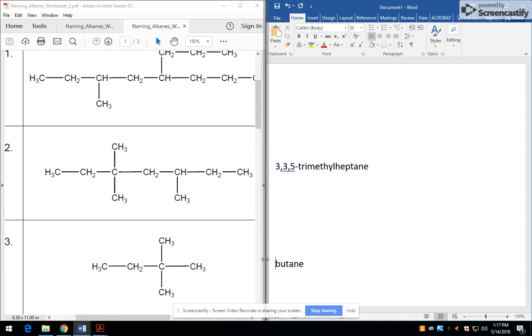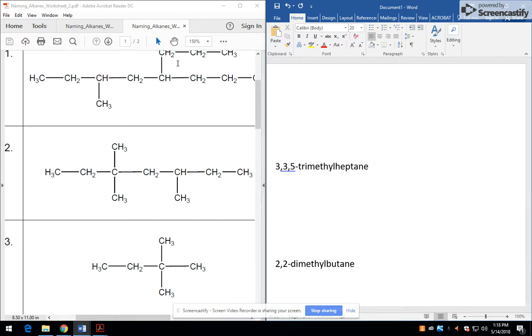So that would be methyl, but 2 of them, so dimethyl. And where are they located? I can count from this side, it's the 3rd carbon and the 3rd carbon, or from this side, the 2nd carbon and the 2nd carbon. It's the 2nd carbon, that's the lower number. So 2,2-dimethyl butane. That's kind of the whole story, as long as the substituents are the same.